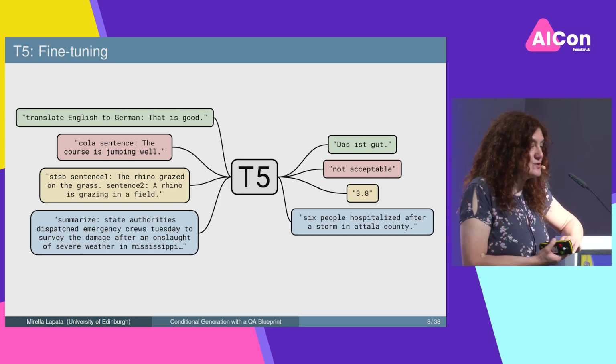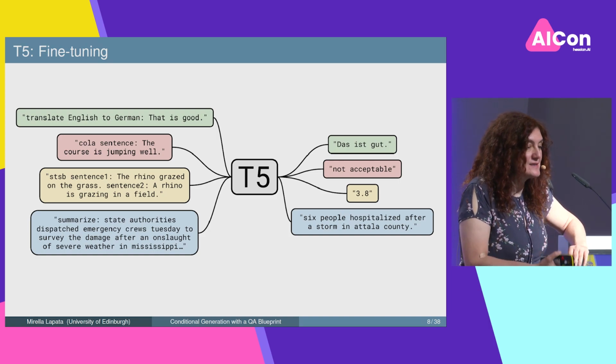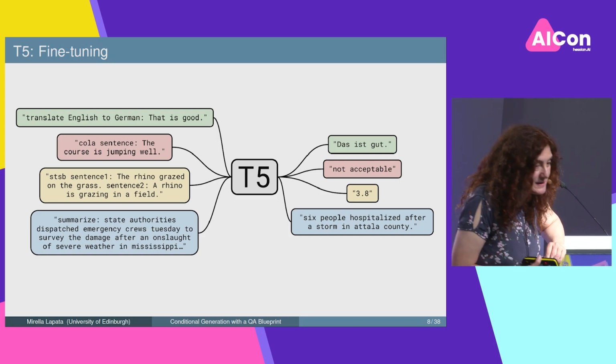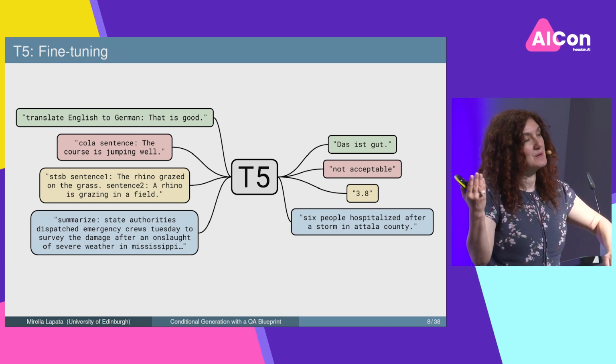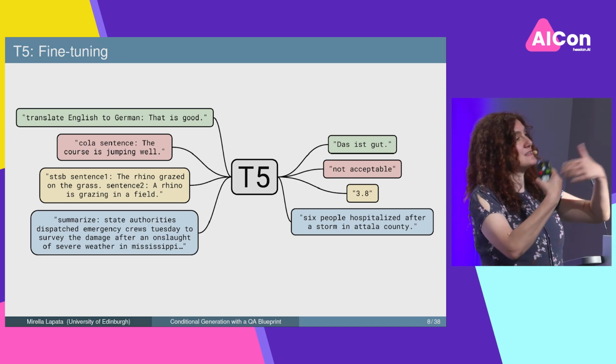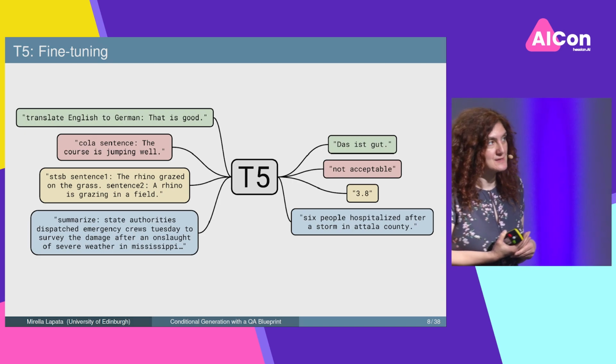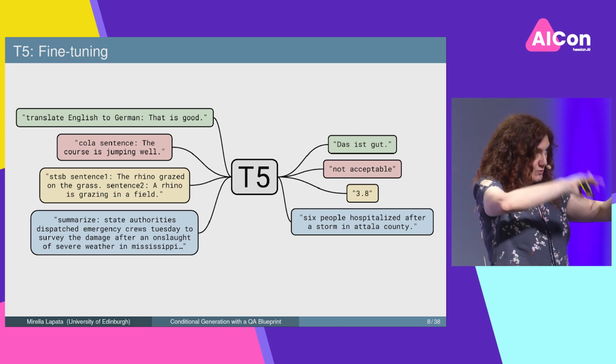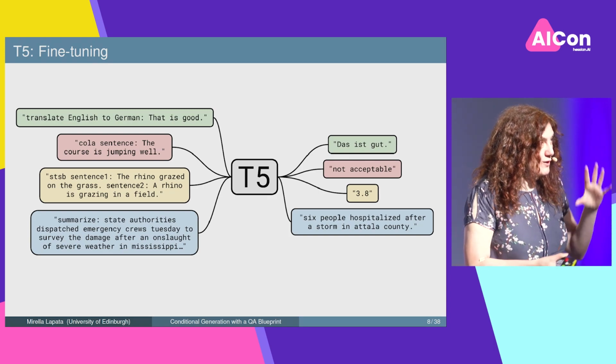Semantic similarity: is "the rhino grazed on the grass" similar to "a rhino is grazing in a field?" The similarity is 3.8, I guess, out of a scale of 5. And it has also been fine-tuned with the summarization objective. So once we've done all that, we are almost set.